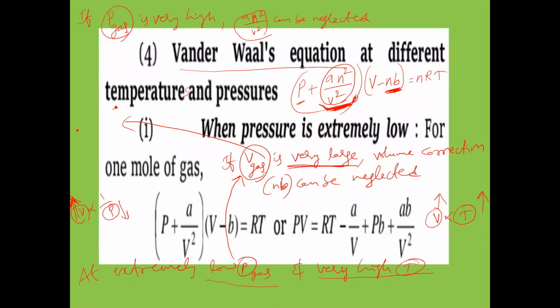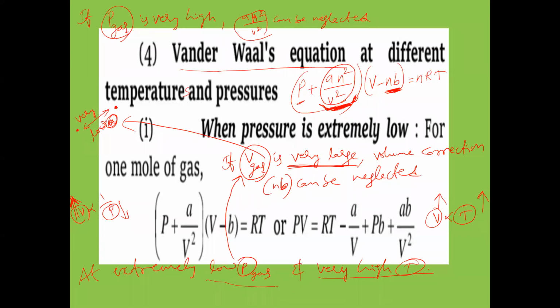When gas molecules are away from each other, the attractive force between the gas molecules will be very low. Very less value of a will be there. Why will a be less here? When volume is large, the gas molecules move away from each other, so the attractive force will be less.